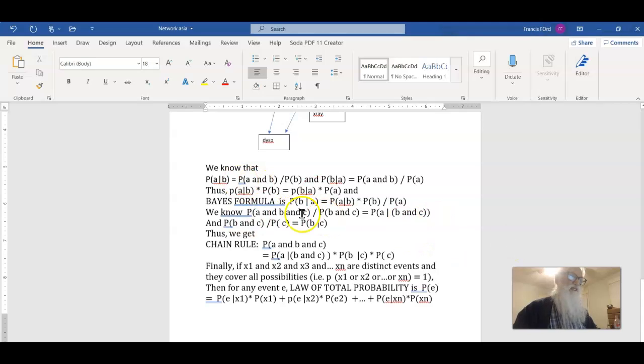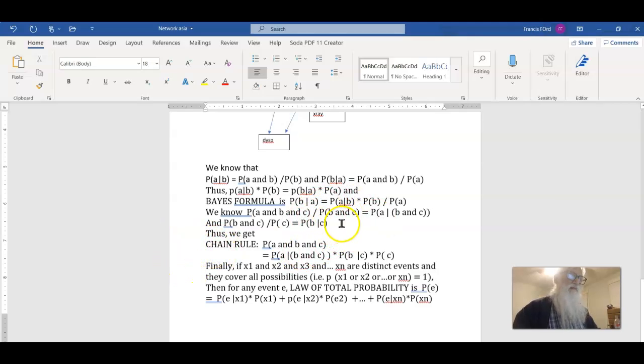It's the same thing, we've just made it a little more complicated. Now, we also know by the same token, the probability of B and C divided by P of C equals P of B given C. So we put these together.